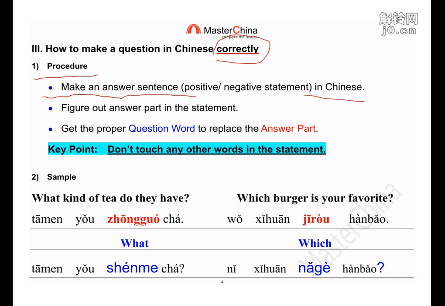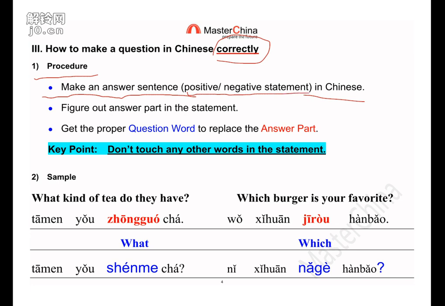Like subject, verb, object, or at some place, where do you put the place word? All this knowledge is based on your understanding of the sentence structure from before. The answer sentence usually is a positive or negative statement, right?